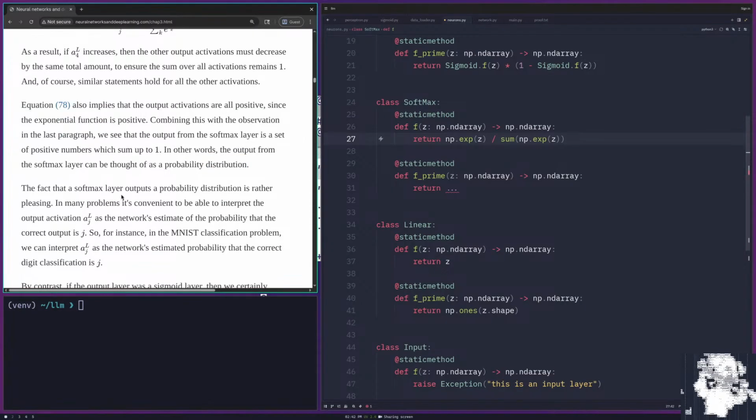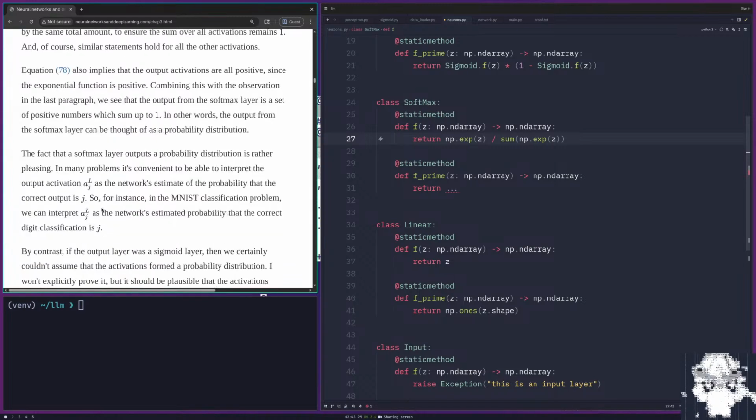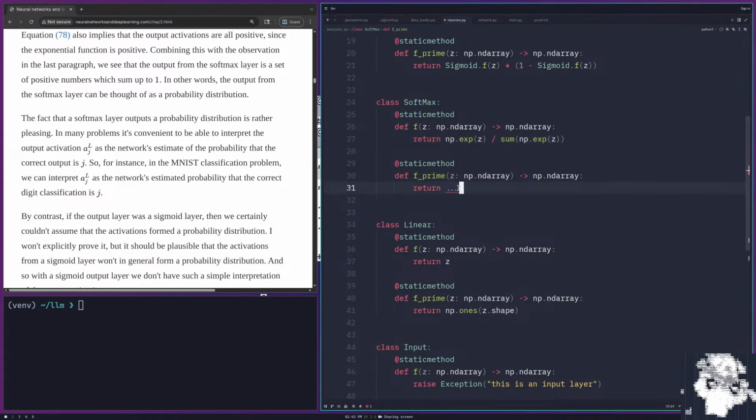The fact that a softmax layer outputs a probability distribution is rather pleasing. In many problems, it's convenient to be able to interpret the output activation. Actually, I can figure out f prime, right? I guess this is not a constant. It's almost a constant.